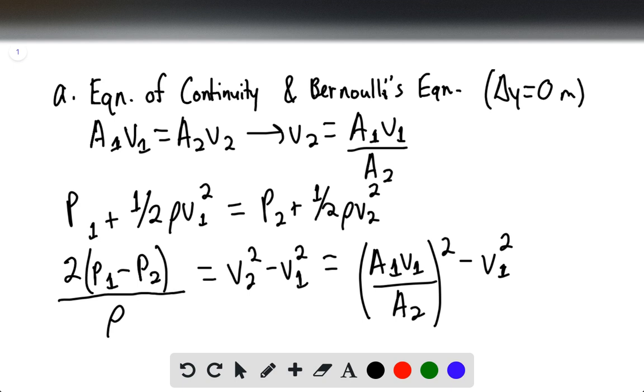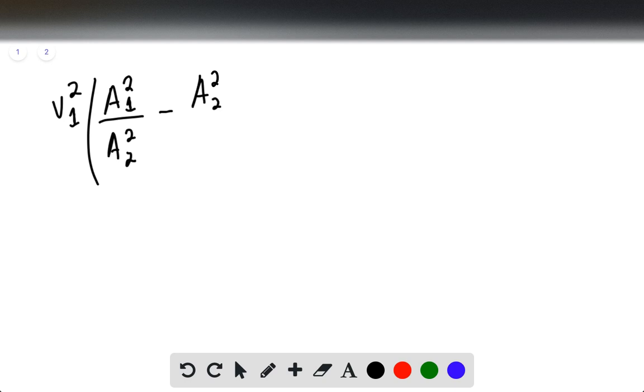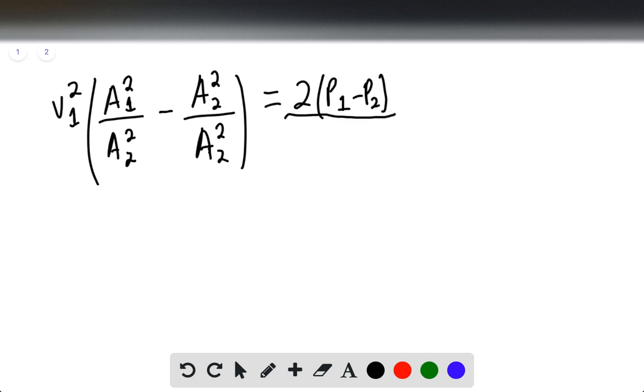And at this point, we find that, let's get a new workbook, V sub 1 squared times A sub 1 squared minus A sub 2 squared, all divided by A sub 2 squared, is going to equal 2 times P sub 1 minus P sub 2 divided by rho.